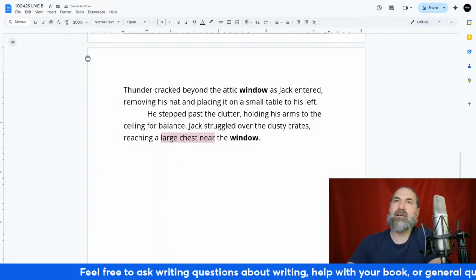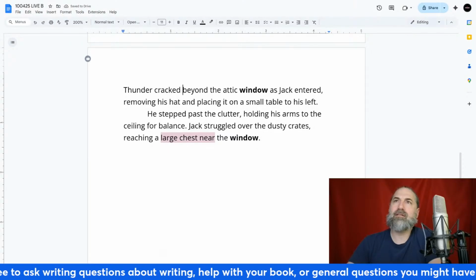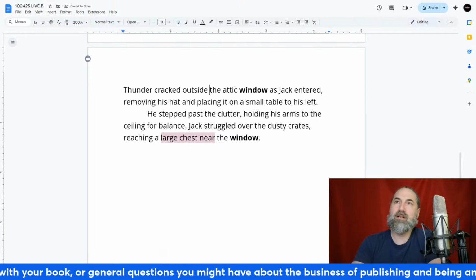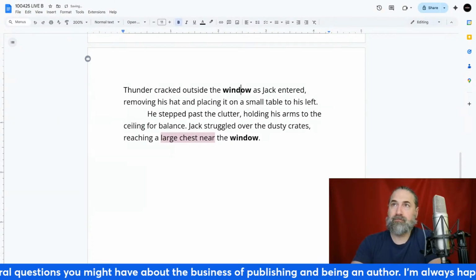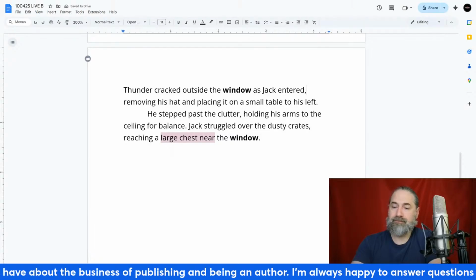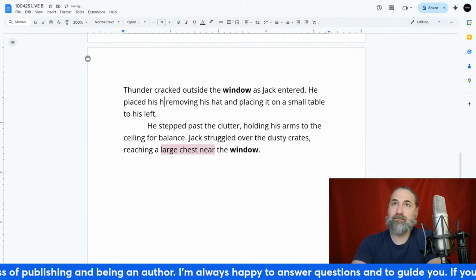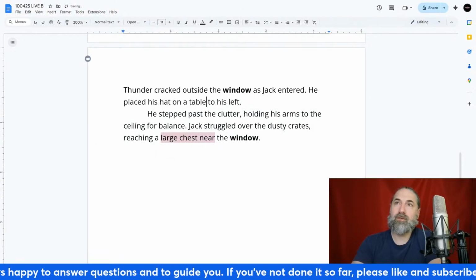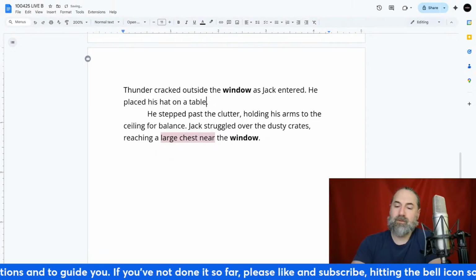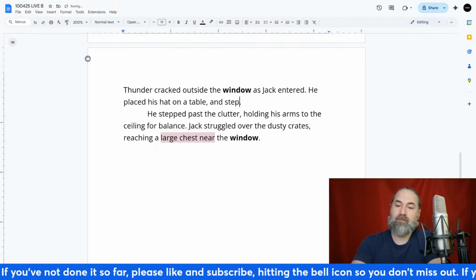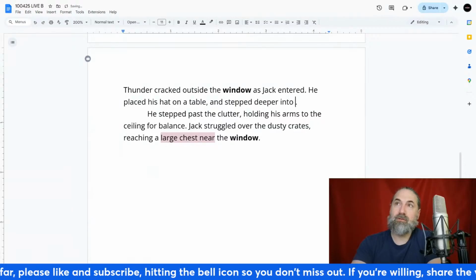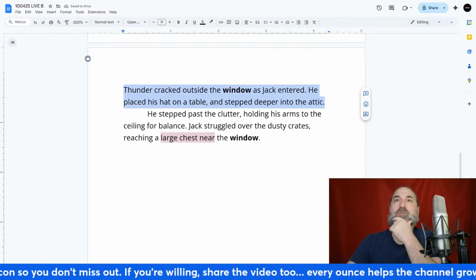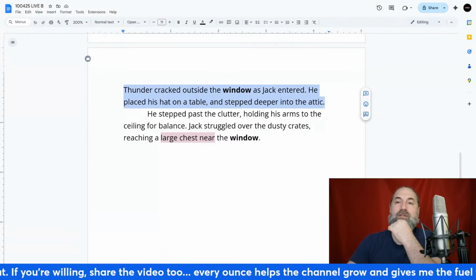So you could say, thunder cracked outside the attic window, as Jack entered. He placed his hat on a table, and stepped deeper into the attic. Okay, so this is faster pace, and the reason is it has less information.